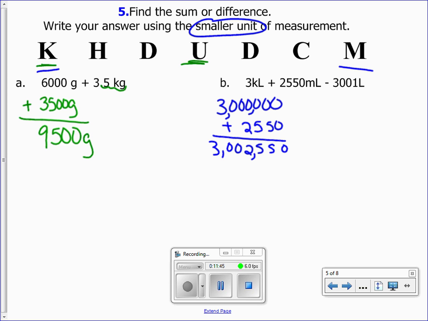Now I'm going to change 3,001 liters to milliliters, and I'm going to subtract it. So I'm going to take 3,001, move the decimal 3 places, and then I'll subtract. And my answer is 1,550 milliliters.